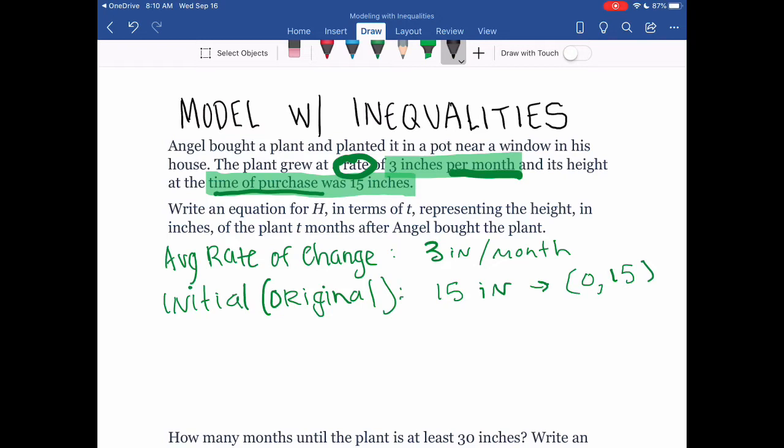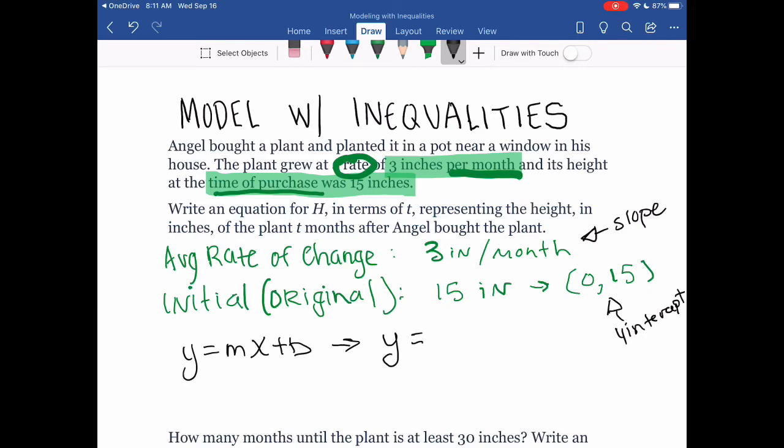So this looks like we have a slope and a y-intercept. So we're going to write the equation to model this scenario in slope-intercept form. So my equation is going to look like y equals 3x plus 15.